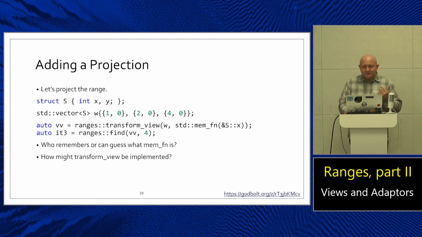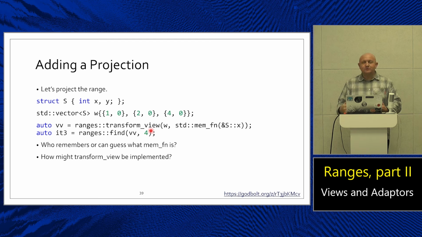So, what do we do if we want to use find but with a projection? We already know one possible answer. We can project the whole range first. Here, we take our range of S, and instead of searching in it directly, we build a transform view over it.